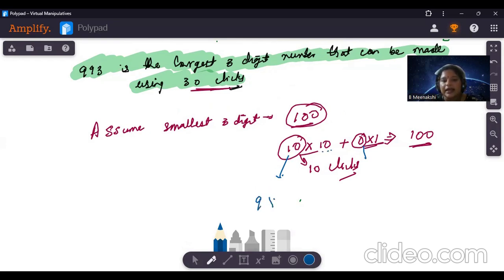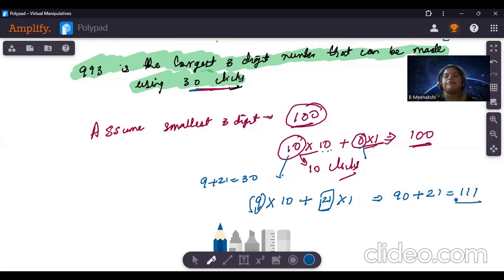Supposing we say 9 into 10 plus, how many clicks do we have to fill in to get 30 clicks in total? Yes, leaving 9, 9 plus 21 will give you 30. So 21 times we need to press 1. So we'll get 90 plus 21, which is 111.